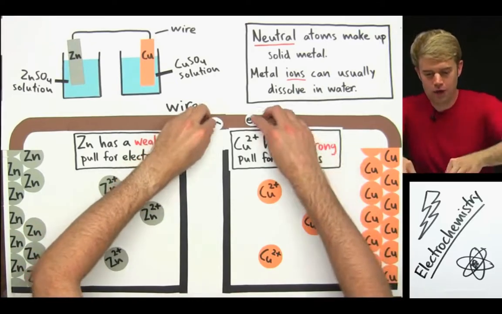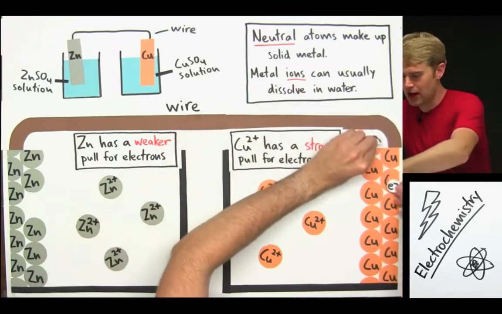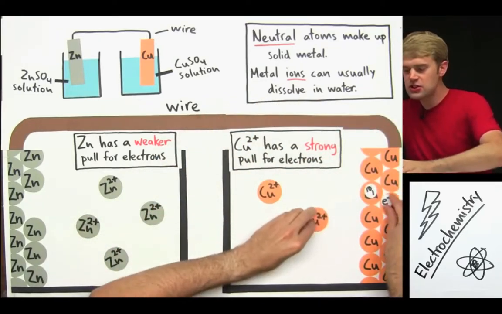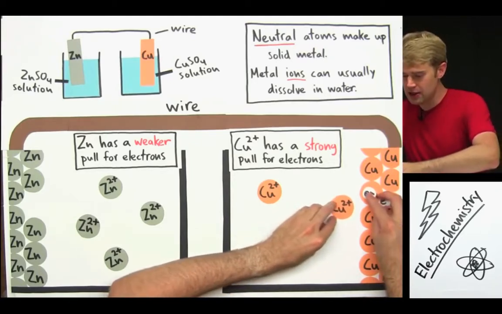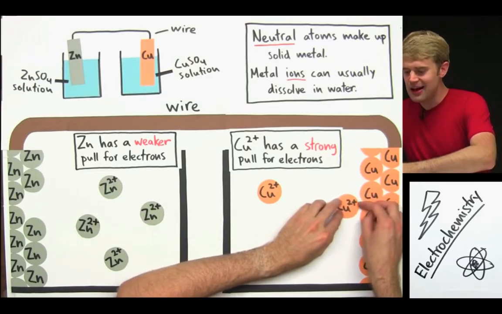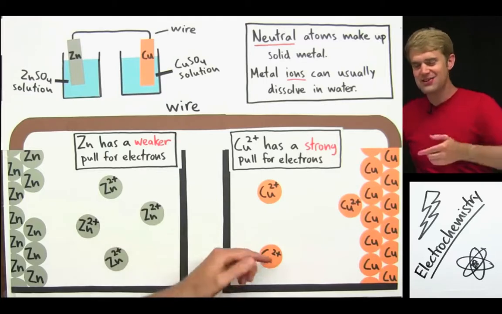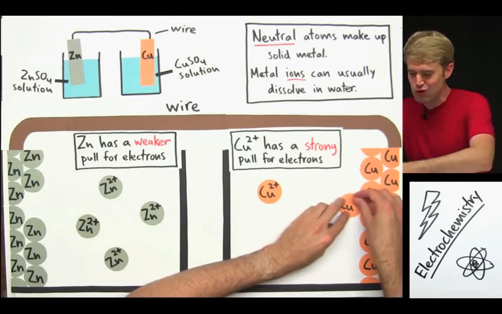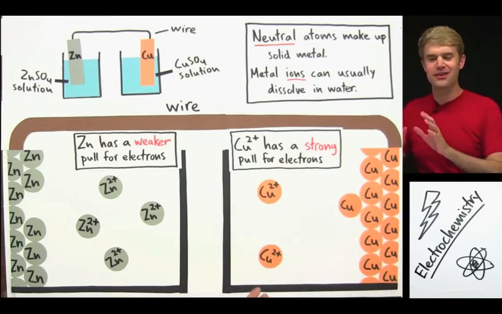Then over here, these electrons make their way down the wire to the copper, and one of these Cu2+ ions, which really wants electrons, is going to come over here, and these two electrons are going to be added to the Cu2+ ion. Gaining these two electrons is going to get rid of that 2+ charge that was on the copper.